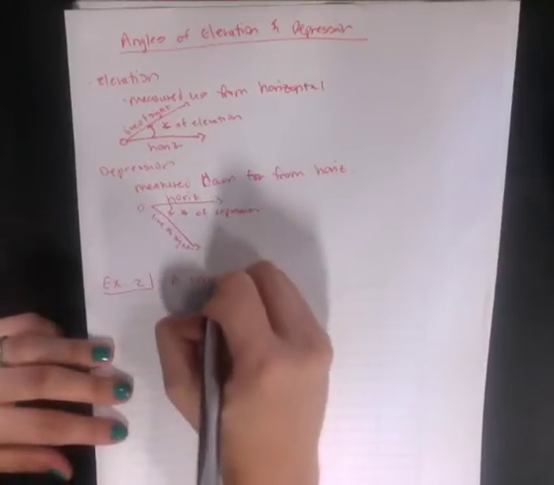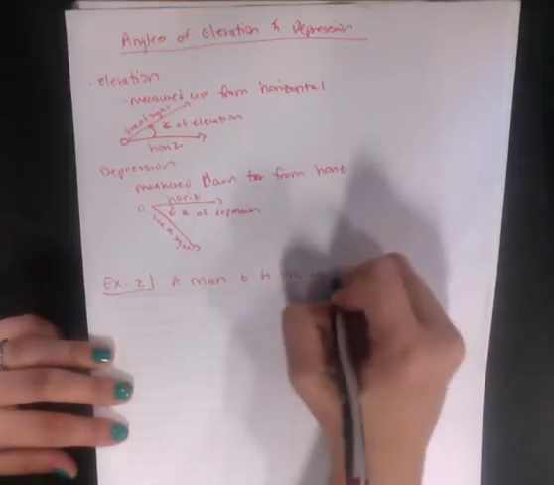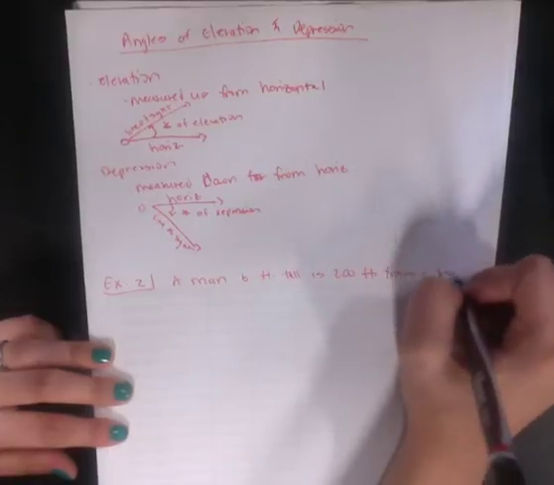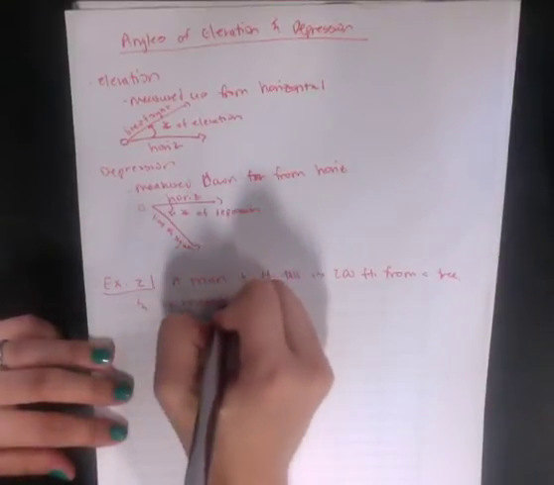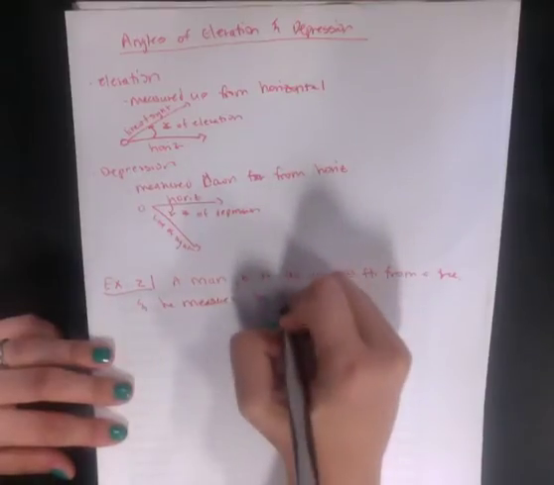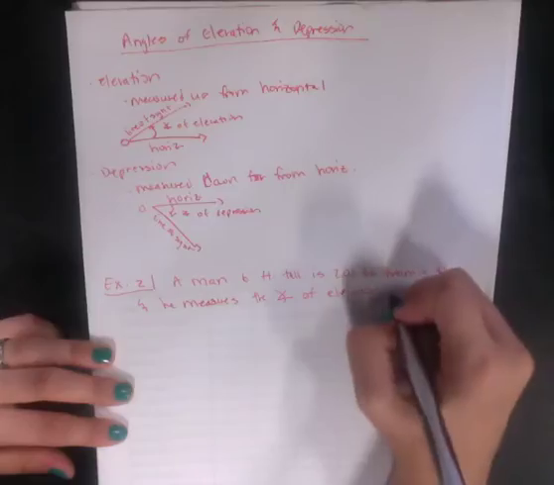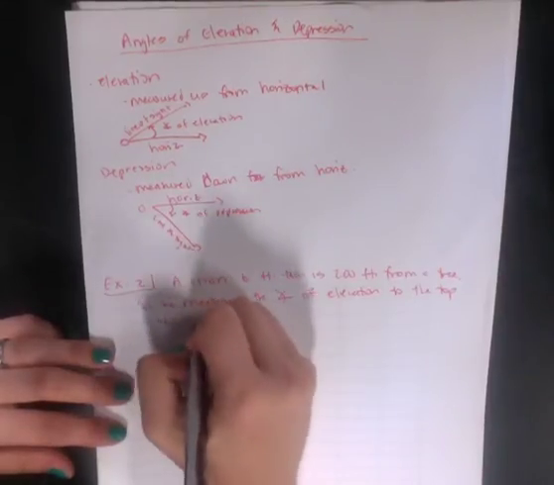A man 6 feet tall is 200 feet from a tree. And he measures the angle of elevation to the top of the tree as 11 degrees.